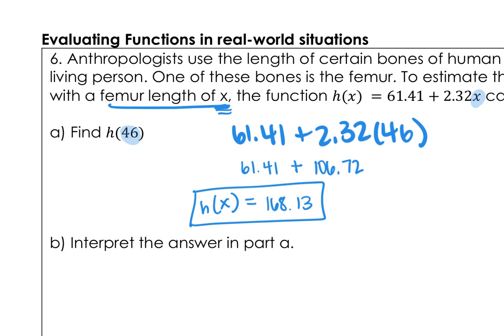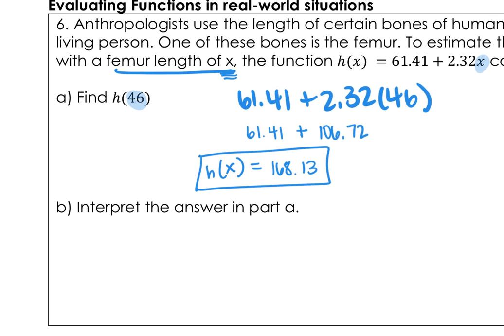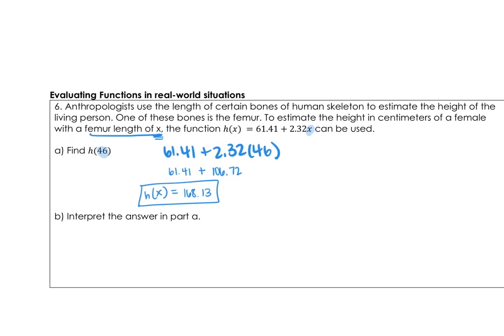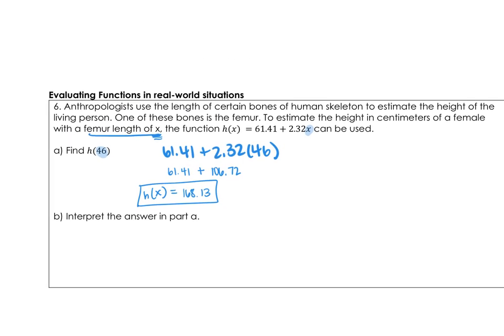Okay, very good. Now, part B just says interpret the answer to part A. So all you have to do here, none of it is really like think too hard. All you got to do is read the problem again. What are the two things we're comparing here? I underlined one of them, which is what?